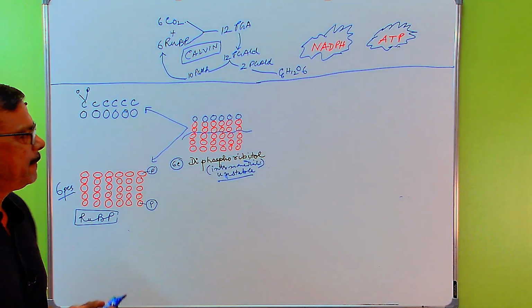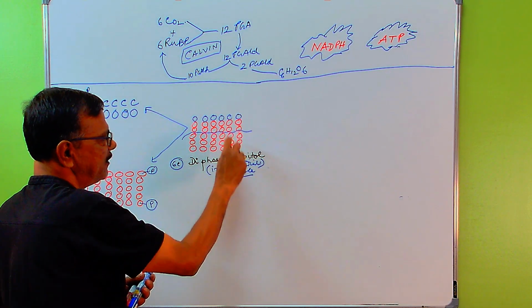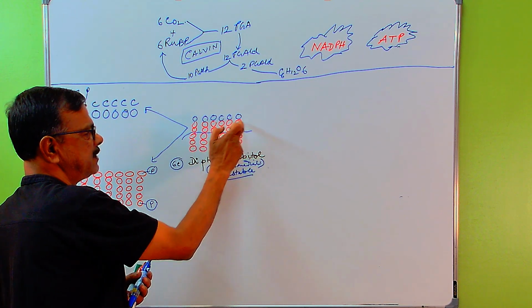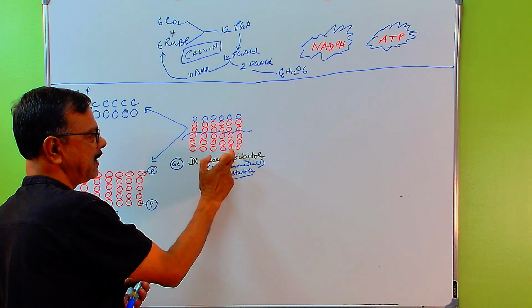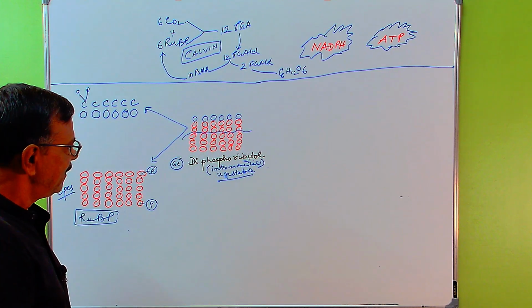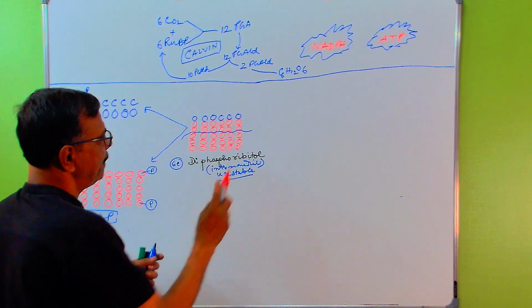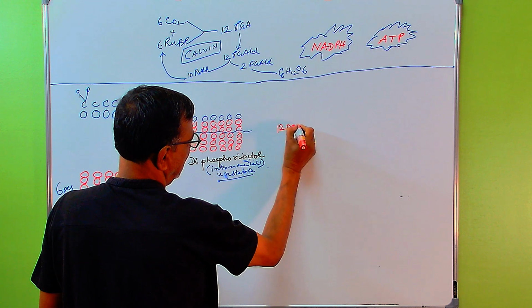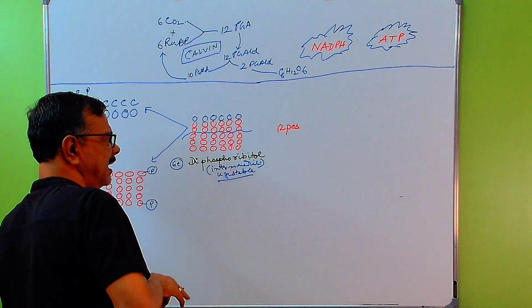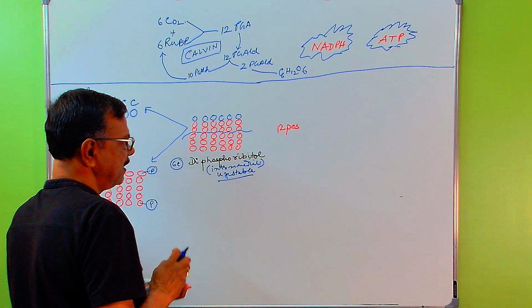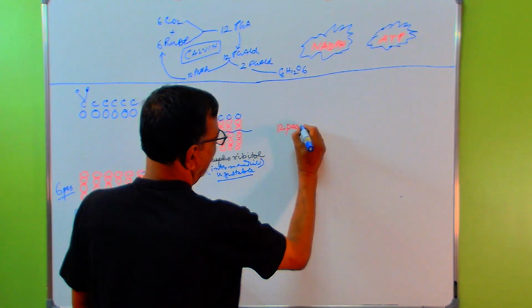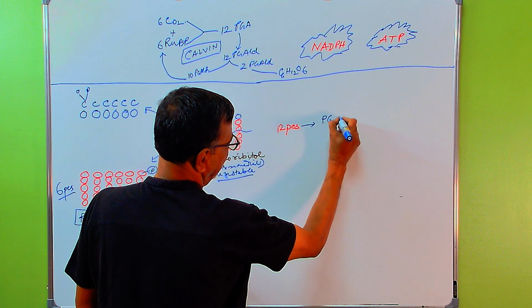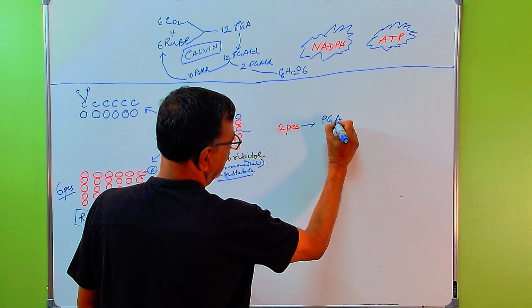3 carbon compounds: 1, 2, 3, 4, 5, 6, and 1, 2, 3, 4, 5, 6. So 12 pieces of this 3 carbon compound, known as PGA, phosphoglyceric acid.